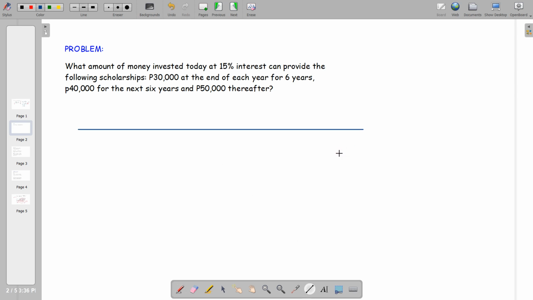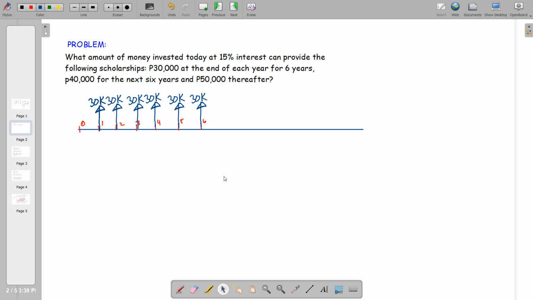Say we have here the timeline, so that on the first 6 years, you're expecting 30,000, ano? So, nag-expect kang 30,000 to be withdrawn from first year up to the 6th year. And then, susunod na 6 years, you will be expecting 40,000 or 10,000 higher for the next 6 years.